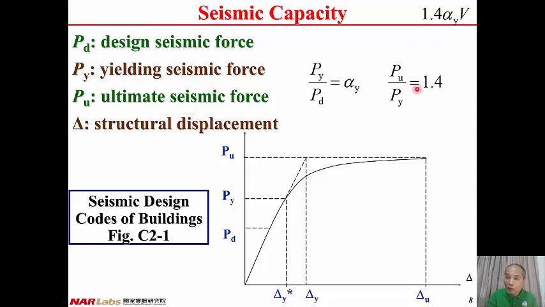And 1.4 here is accounted for by the redundancy of the structure and the strength hardening of the material. And delta here is the structural displacement. Therefore, 1.4 alpha y times V is the ultimate seismic force of the building.